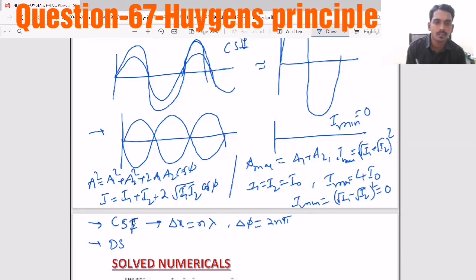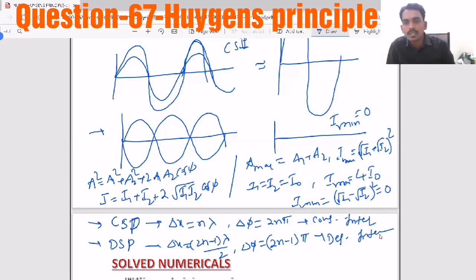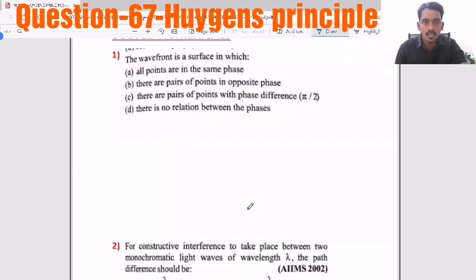Constructive superposition and destructive superposition are nothing but constructive and destructive interference. For destructive, delta x equals (2n minus 1) lambda by 2 and the phase difference equals (2n minus 1) into pi. So these are the general conditions for path difference and phase difference between two waves, to decide what kind of superposition or interference occurs.